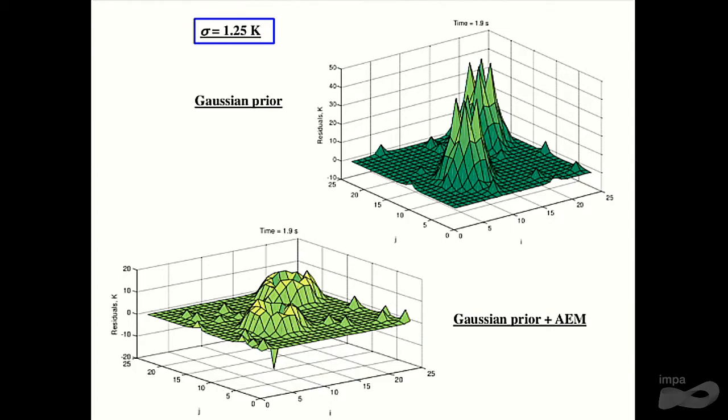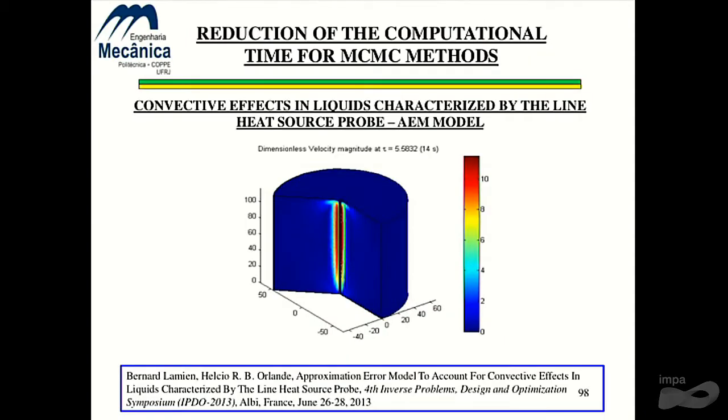And when we use the Gaussian prior with the approximation error model, we still see that our larger residuals are in the region around where the heat flux was applied, but they have decreased to something around 15 Kelvin, and before they were like 40 Kelvin. We have been doing this for many cases, and we have been getting very nice results.